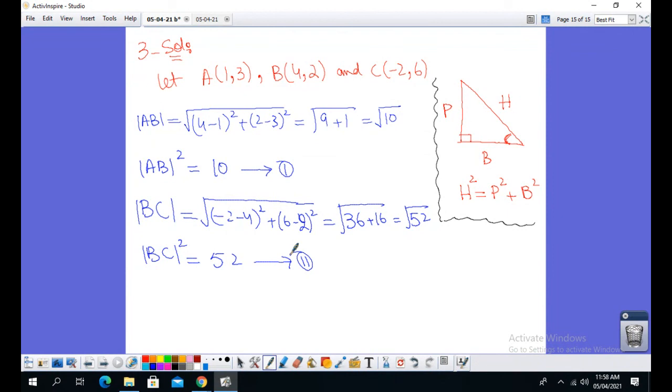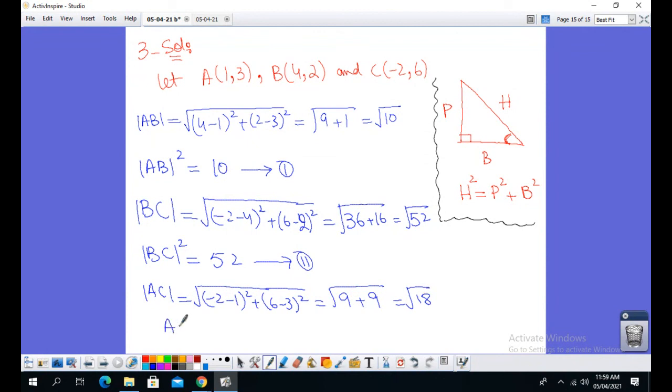The second one becomes minus 2 minus 4 squared and 6 minus 2 squared, 4 squared is 16, it becomes 52. And the last one we take is AC. AC is minus 2 minus 1 squared, 6 minus 3 squared, which means 9 plus 9, it becomes 18.